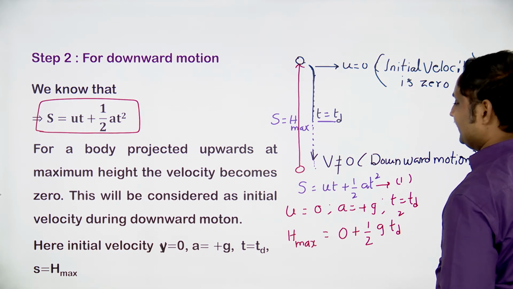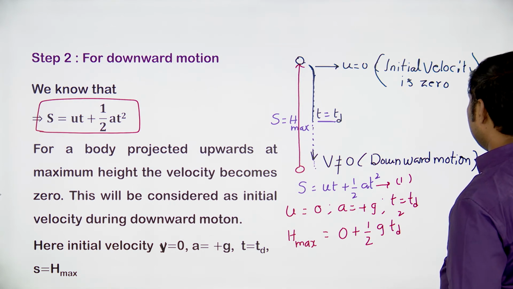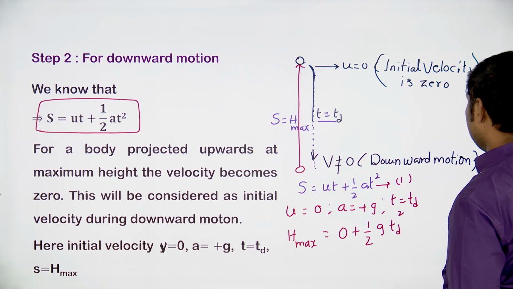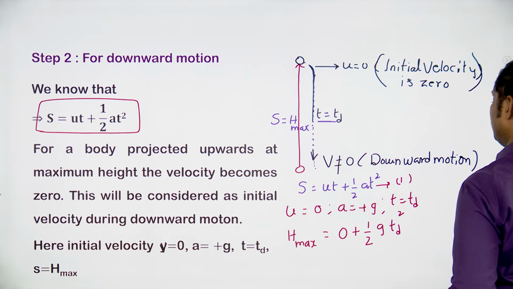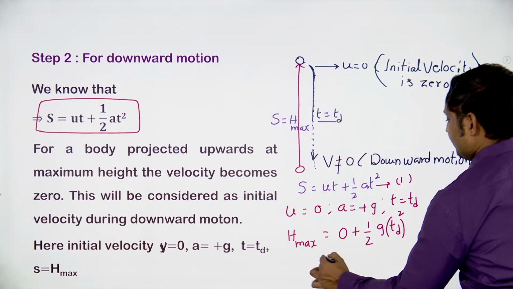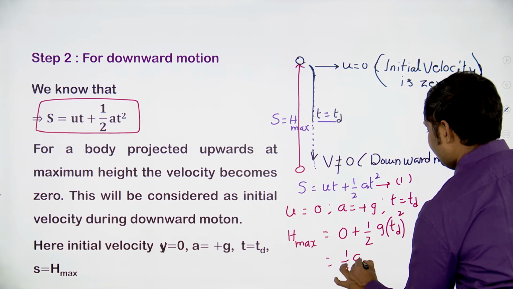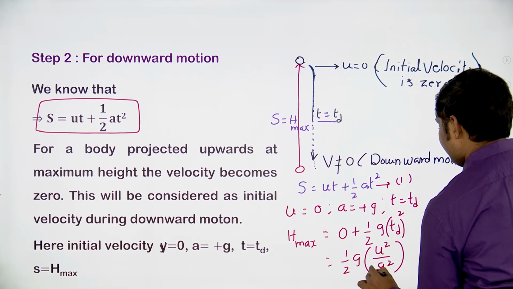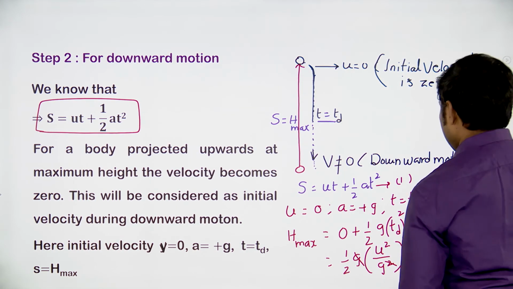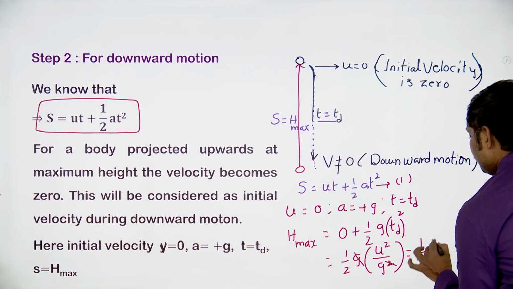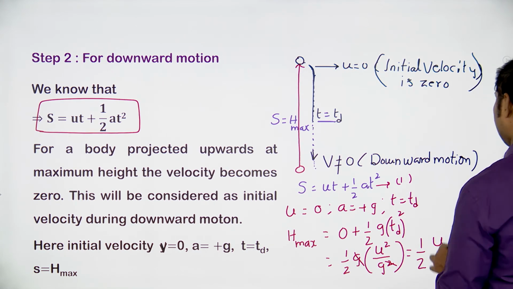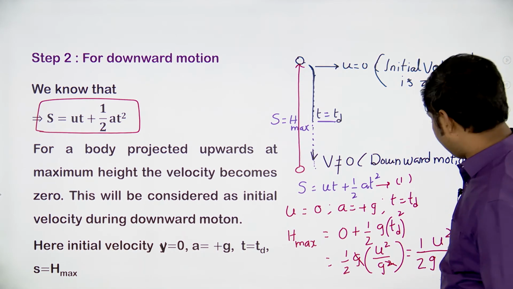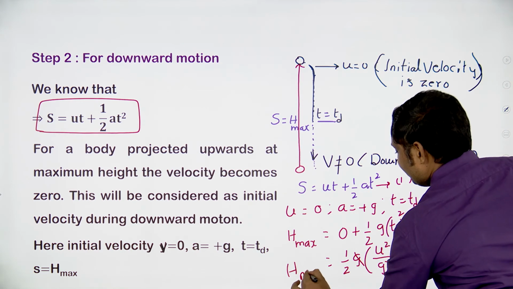Now you will get that TD is equal to U by G. So TD square, that is going to be 1 by 2 G into U square by G square, which is equal to 1 by 2 U square by 2 G. Yes, you have to get that U square by 2 G, that is very clear. This is the H maximum.